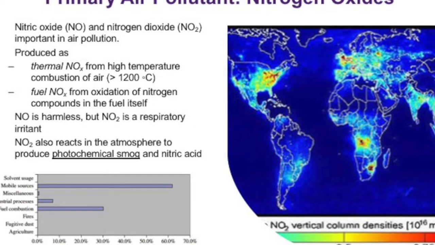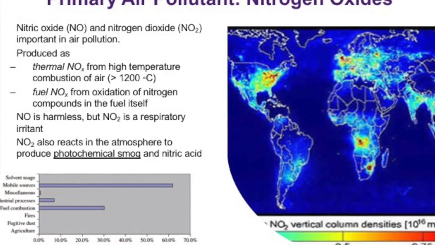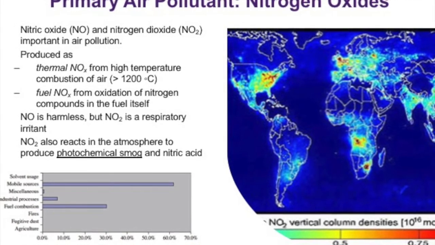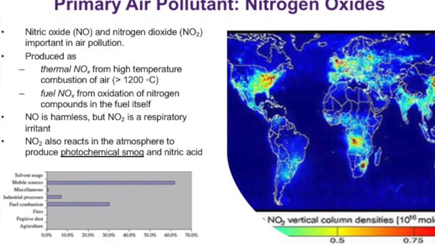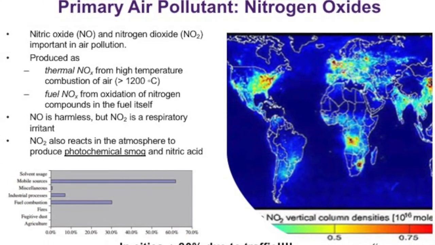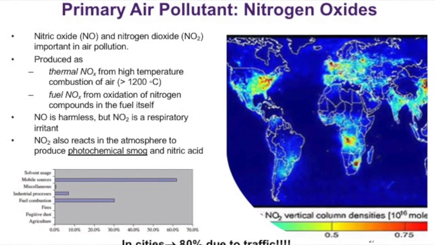The second primary pollutant that we're going to discuss is nitrogen oxide, known as NOx. These pollutants are formed during high temperature combustion in the atmosphere, and this is when oxygen combines with the nitrogen, so the nitrogen that is actually present in the atmosphere.